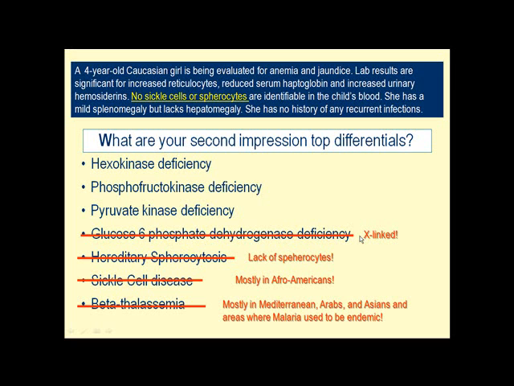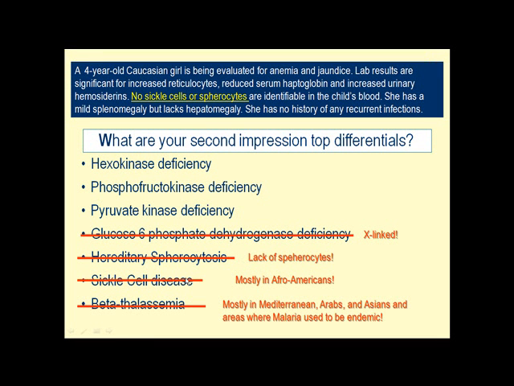Another reason is that the hemolysis of glucose 6-phosphate dehydrogenase deficiency is episodic and quite often follows after administration of oxidizing agents. In hereditary spherocytosis, you identify spherocytes. Those are smaller red cells that are spherical in shape.